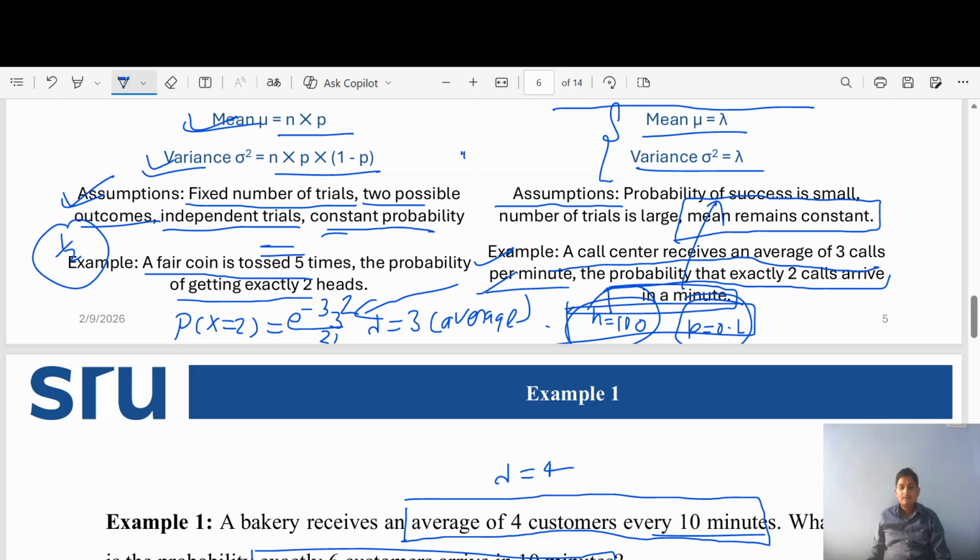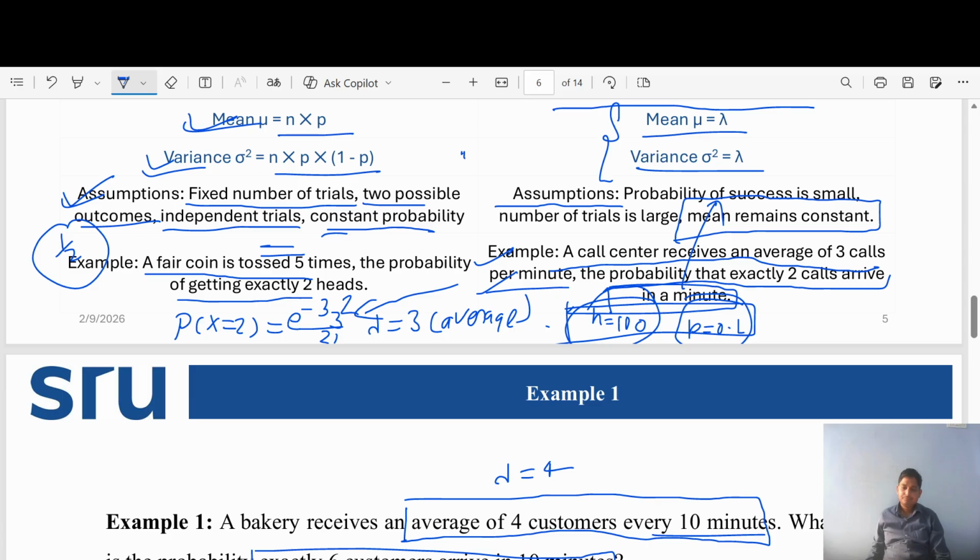If capital X denotes the event that n number of customers arrives.